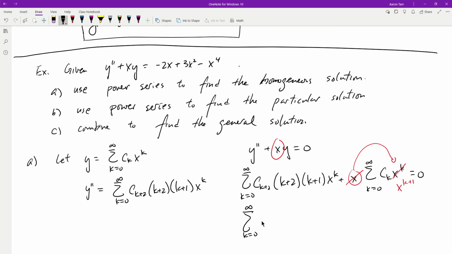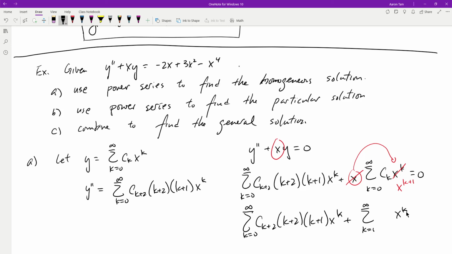So the first summation stays the same. I can't really do anything with it, nor do I want to do anything with it. What I want to do is reindex so that I can have x to the k power. If I start with k equal to 0, then our first term would just be x to the first power. So that's the same thing as starting from k equal to 1 with x to the k, which will also give me the first power.